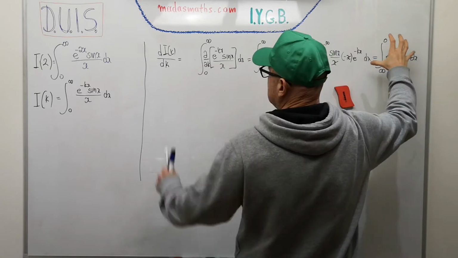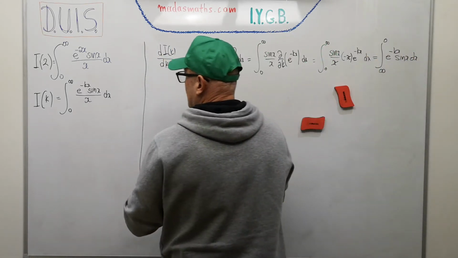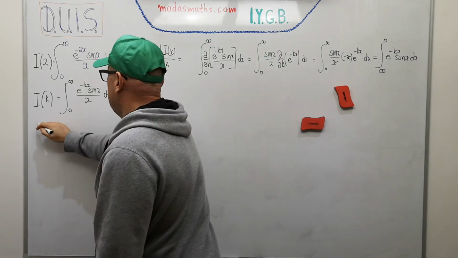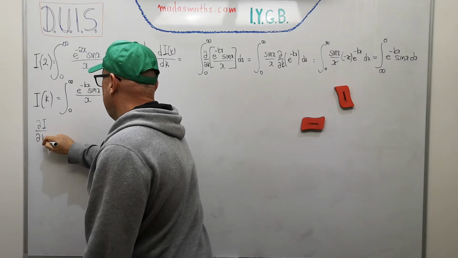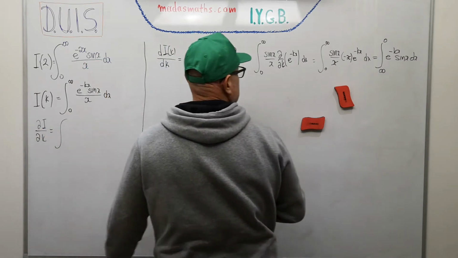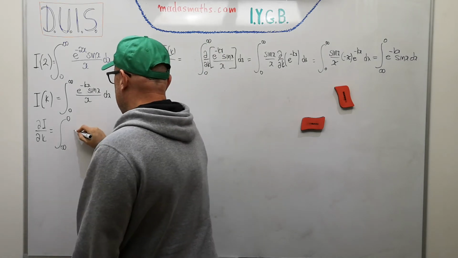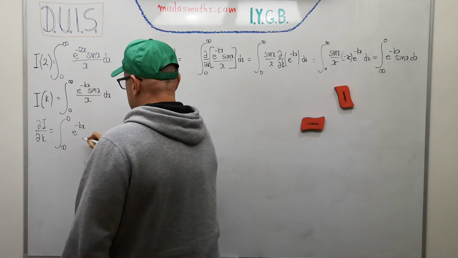Probably, let's write the dI by dk is equal to that. Let's write it on the side here, just in case, because I can rub it off, and we have it there for reference. So dI by dk so far has turned out to be the integral with infinity at the bottom, 0 on the top, e to the minus kx multiplying sine x dx.